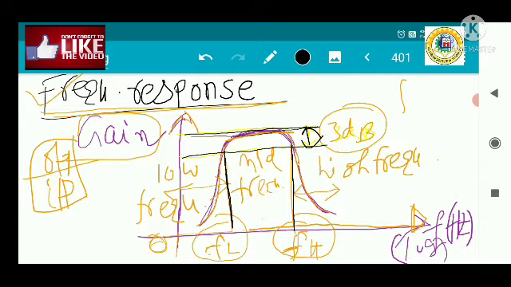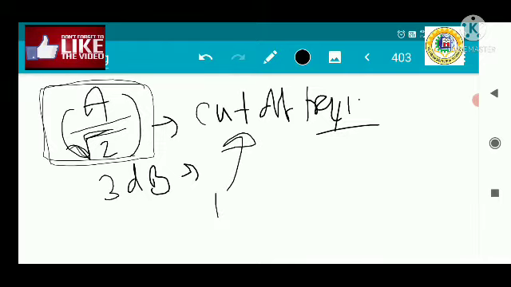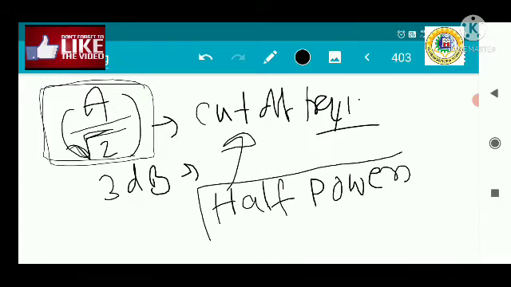And also at this point, I will leave you an exercise to study that whenever your gain is down by root 2 times, the power becomes half. So if the gain is reduced by root 2 times, power will become half.